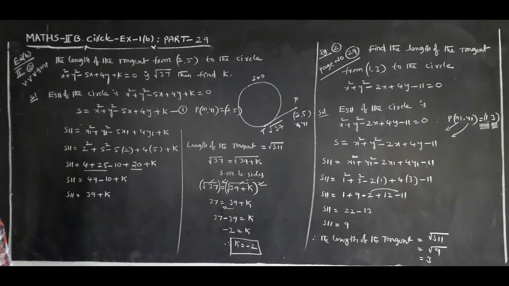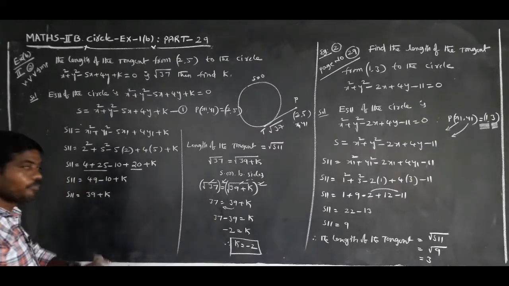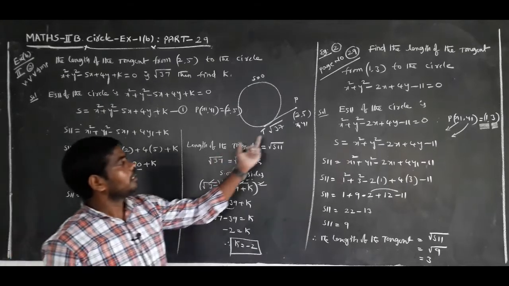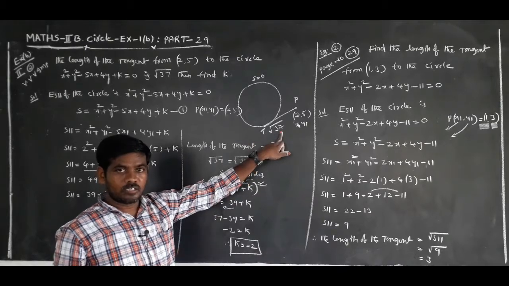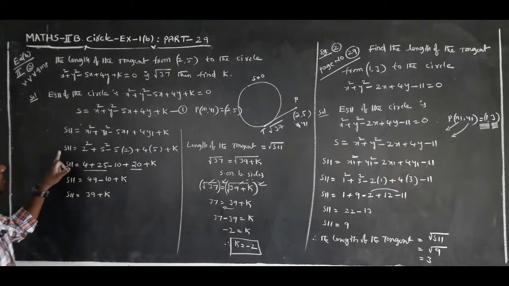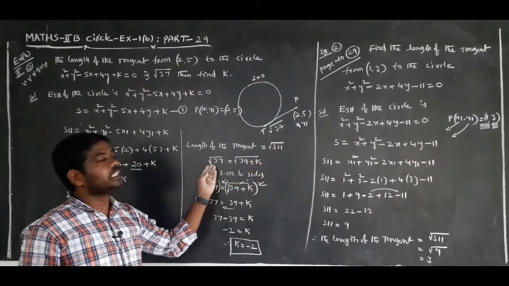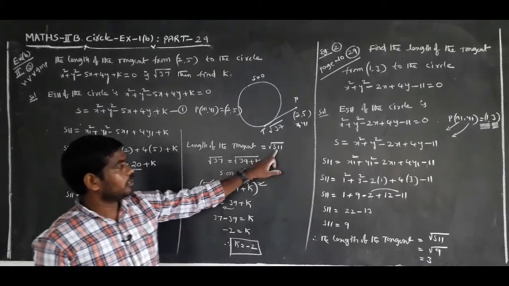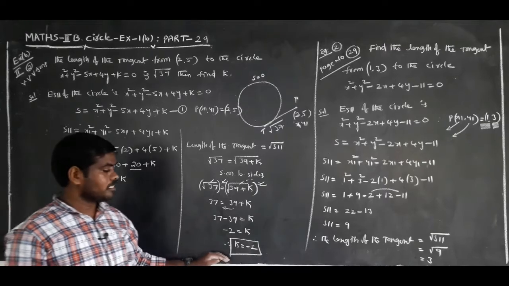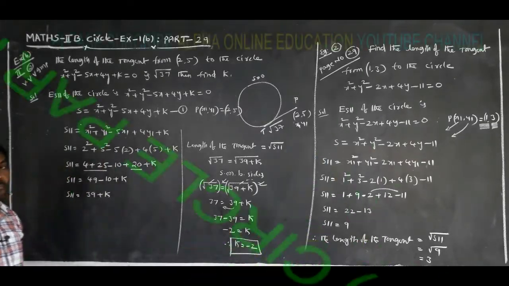This is the process for finding the length of the tangent. Here it is given that the length of the tangent is equal to root 37. First of all, we find the length of the tangent and equate. Here k is equal to minus 2.